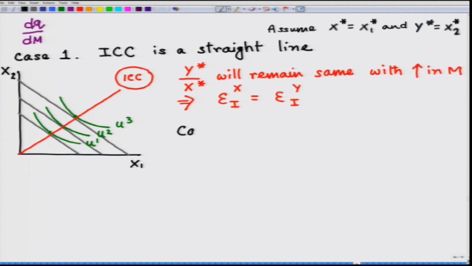Now, let us talk about case number 2, where ICC is convex downwards. In that case, let us have this diagram.